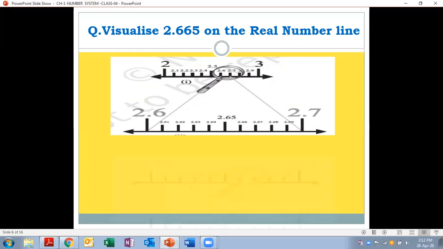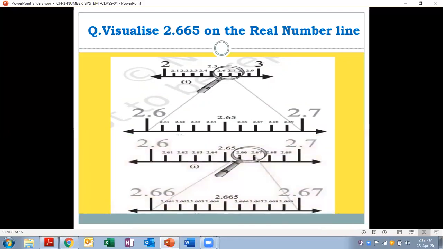So further we need to magnify it, and we have magnified 2.6 and 2.7 further, taking the values 2.66 and 2.67, because in between these the 2.665 is lying. So we have taken on the extreme left in the next slide 2.66 on the number line, and on the extreme right we have taken 2.67, and in between we have got the value 2.665. So this is the visualization of 2.665 on the number line, that is a terminating decimal value up to 3 decimal places.